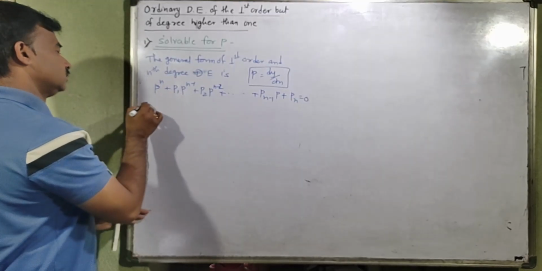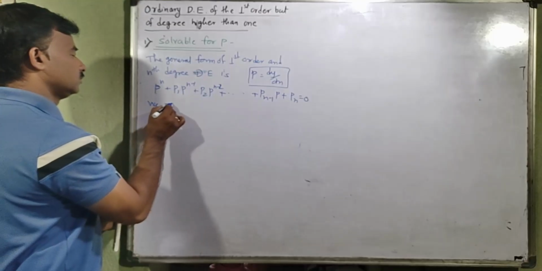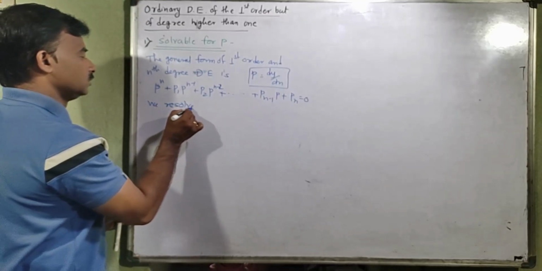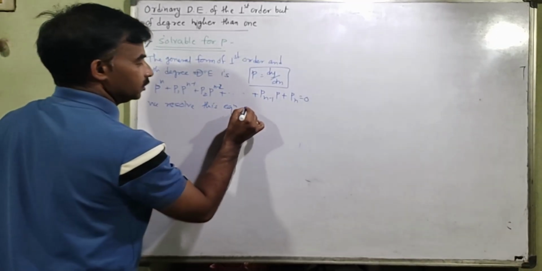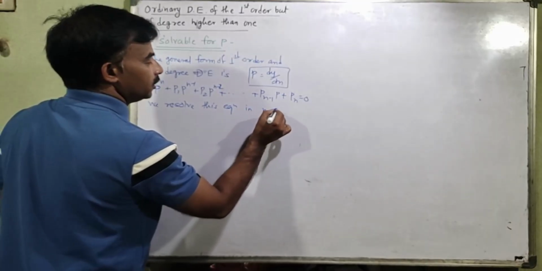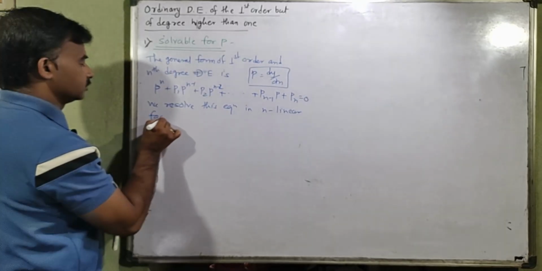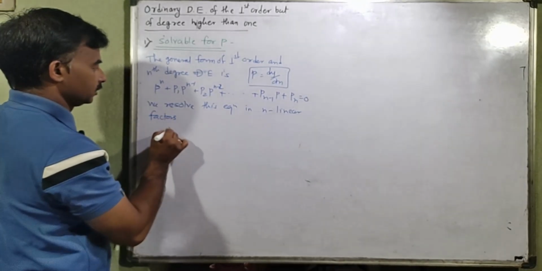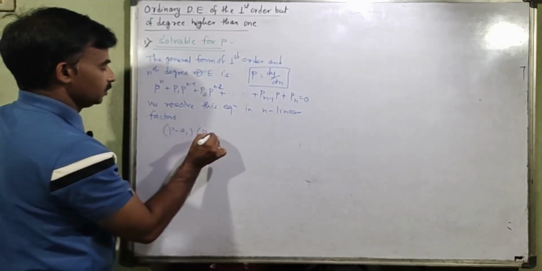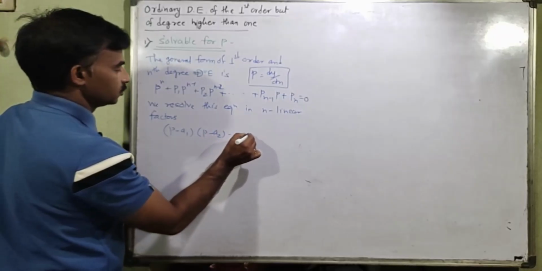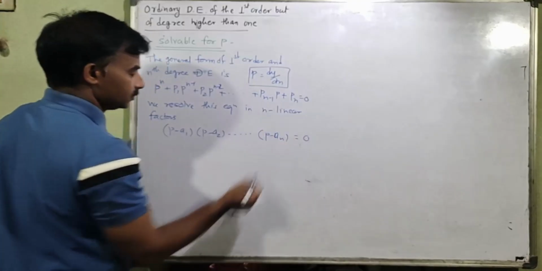And we resolve this equation in n linear factors like P minus a1, P minus a2, and so on up to P minus an is equal to 0.